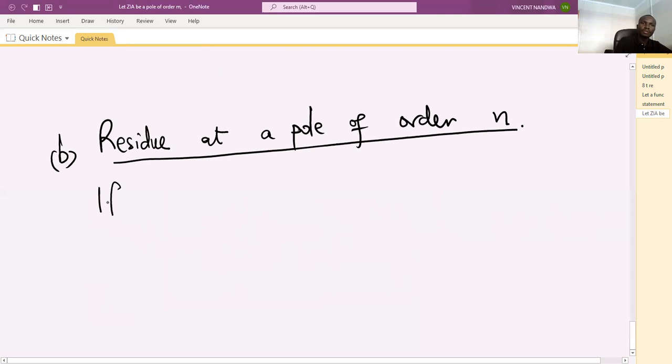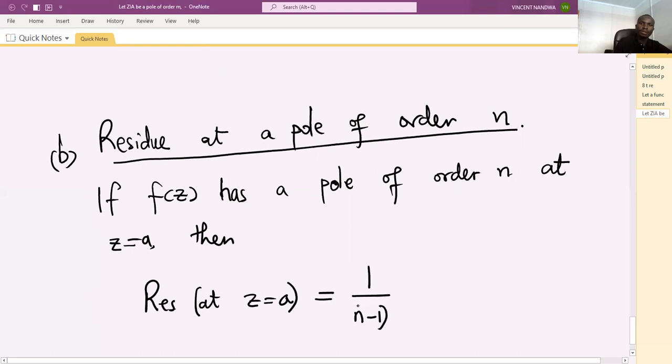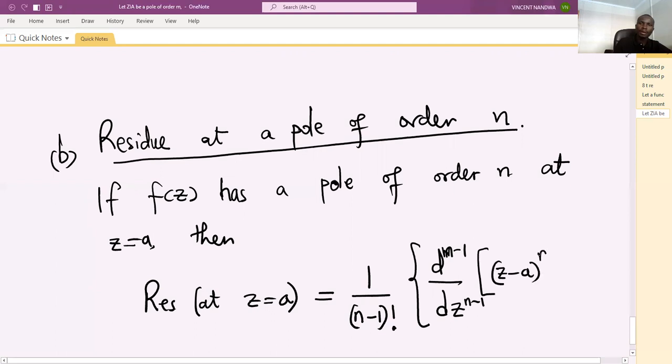So if f of z has a pole of order n at the point z equals a, then residue at z equals a is given by 1 over n minus 1 factorial, and then you multiply by the n minus 1 derivative with respect to z of the function z minus a power n, multiplied by the function f of z.